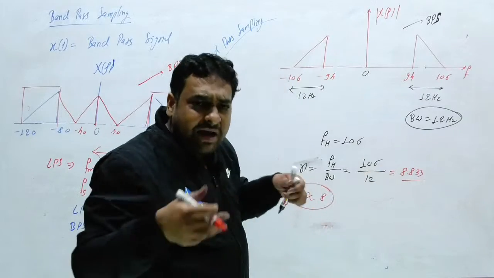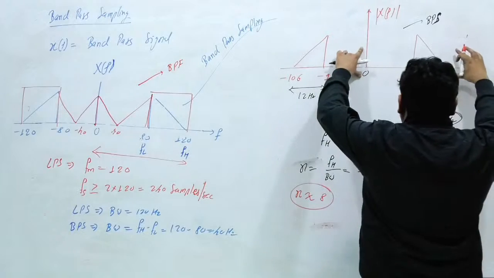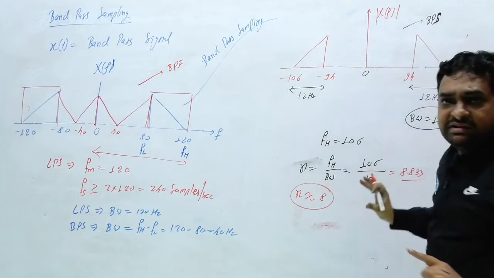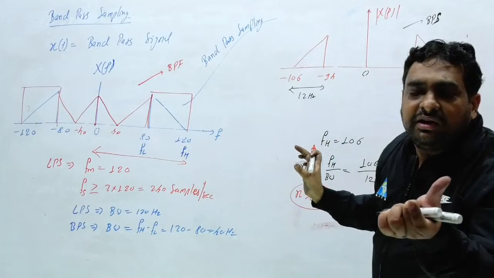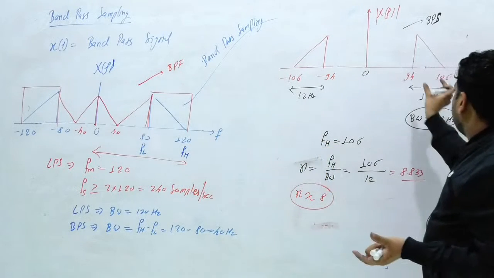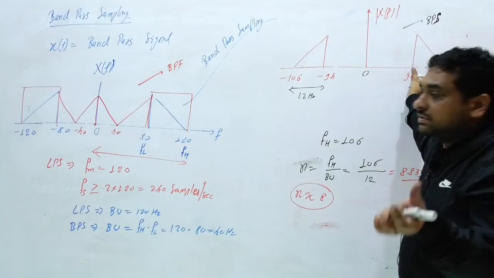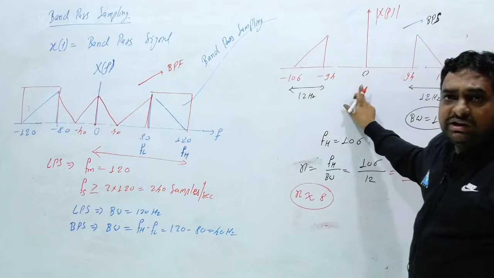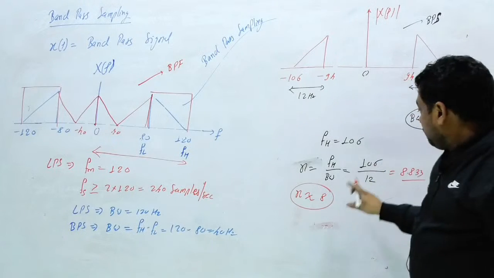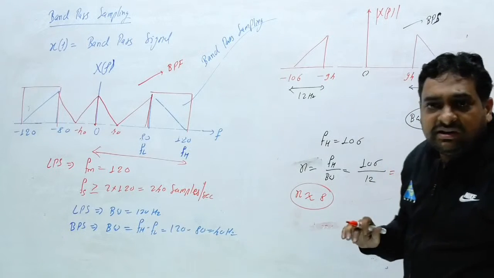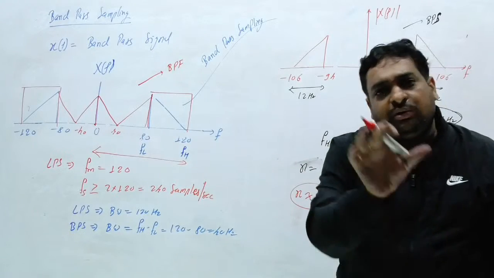Now by basic mathematics, the total space is 106. This is one shape, and the total space is 106. How many of this shape can be present here? You are getting 8.833, which means 8 shapes you can place there.